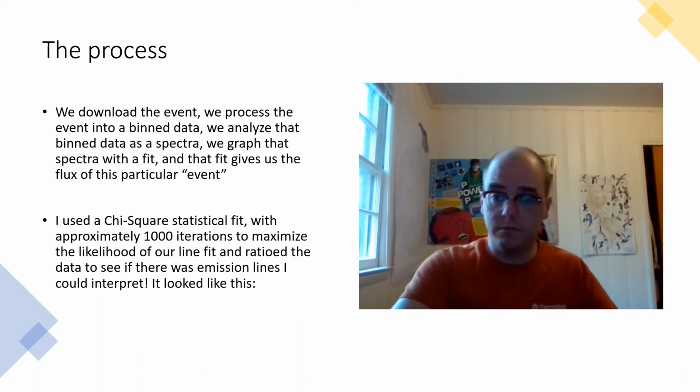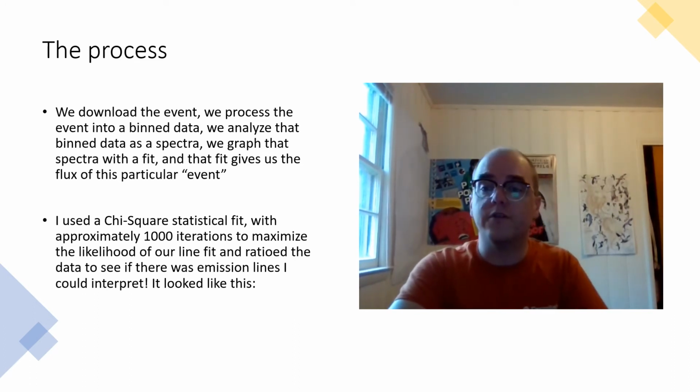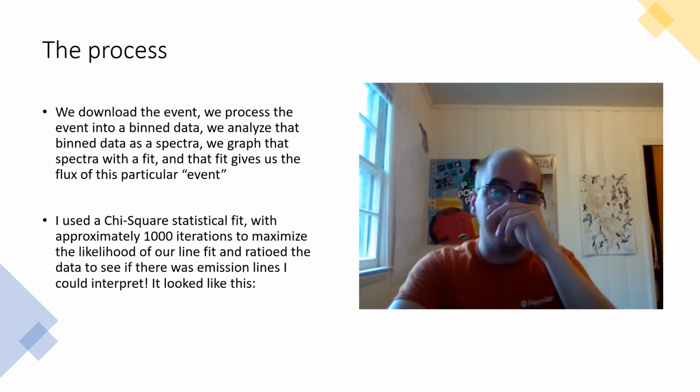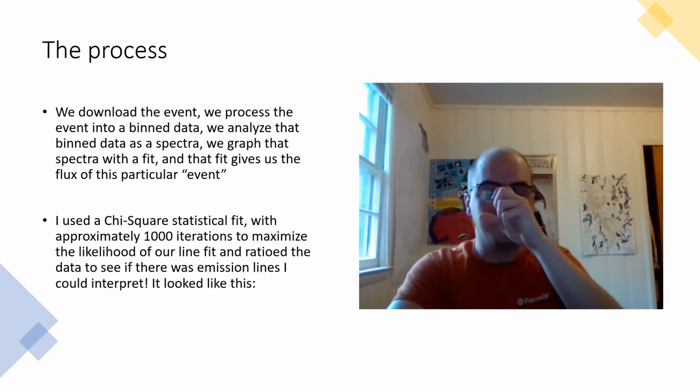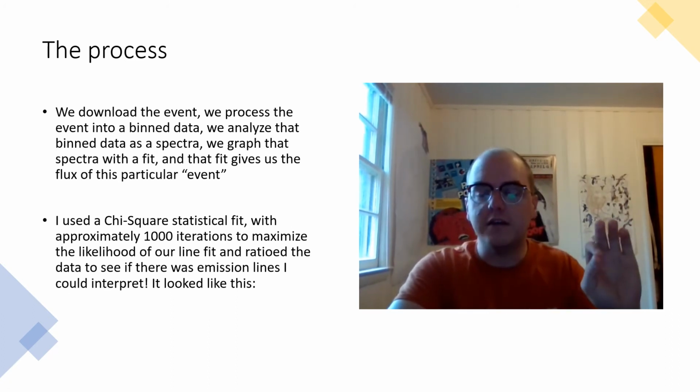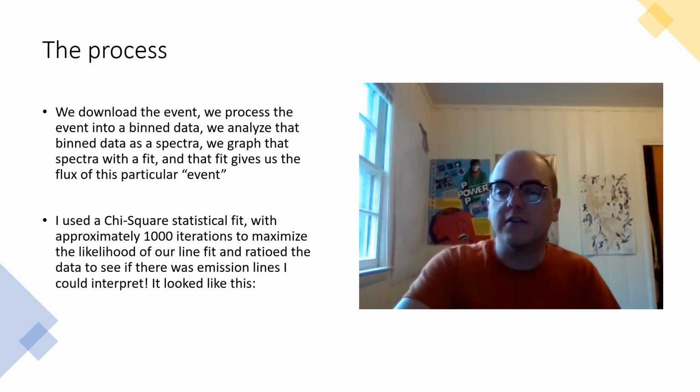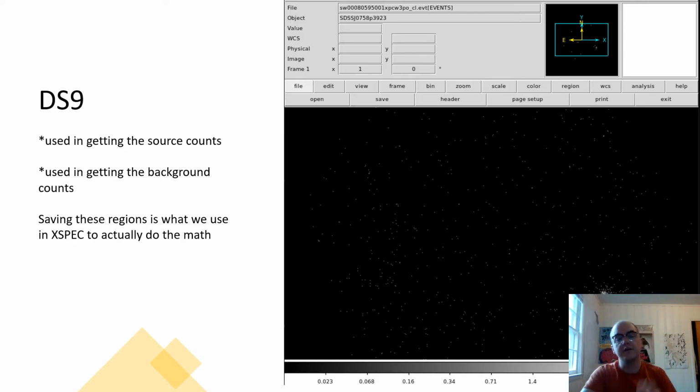So I did that, and our line of fit ratioed the data to see if there were emission lines at certain energy peaks that could give us an interpretation. Seen here is DS9, which is probably my favorite part of this entire data process, because as a visual learner, when I actually look at something and I can see, oh, that is obviously what I'm trying to look for, I find it very fulfilling.